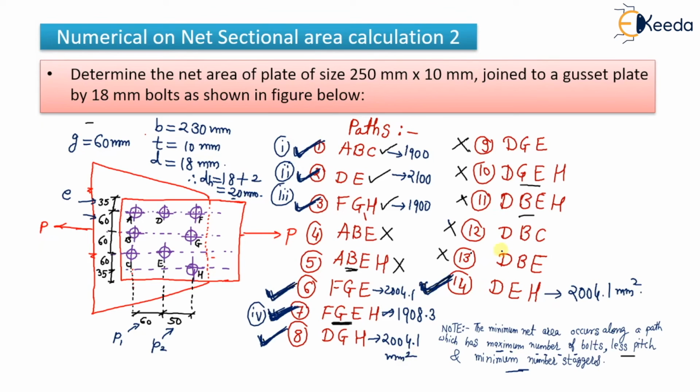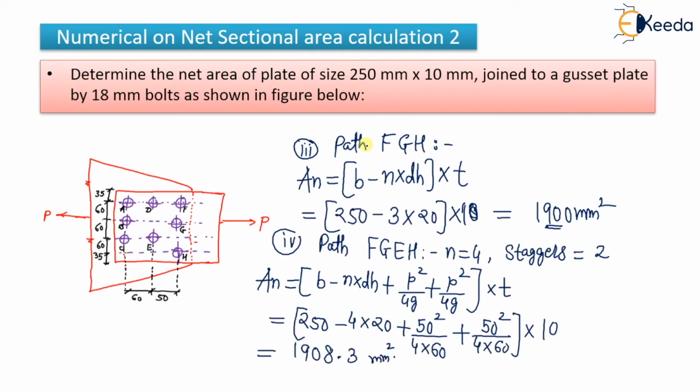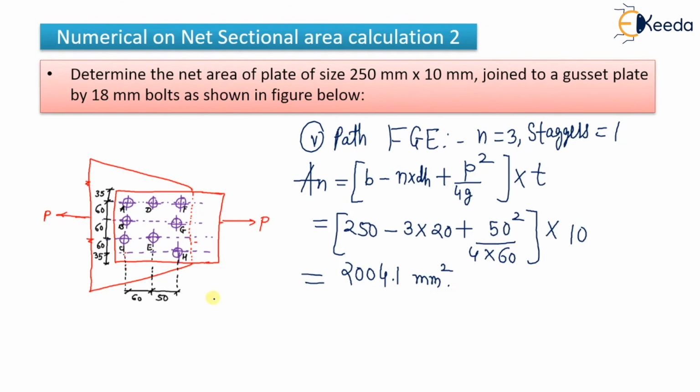Now which one is remaining? Not a single area is remaining, so we have covered all the areas. Which area is the minimum one? This one is the minimum, that is path ABC.